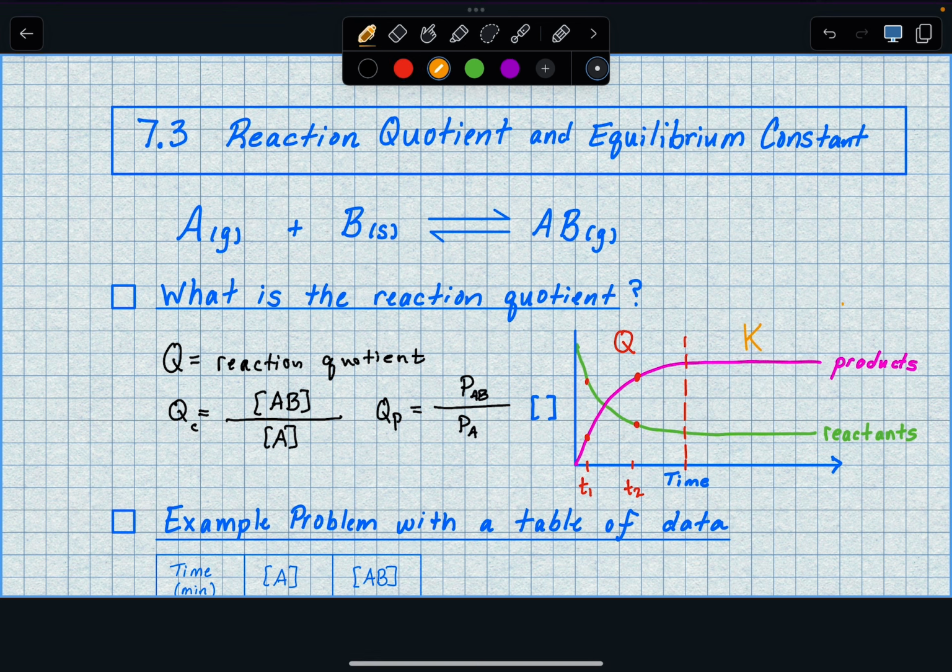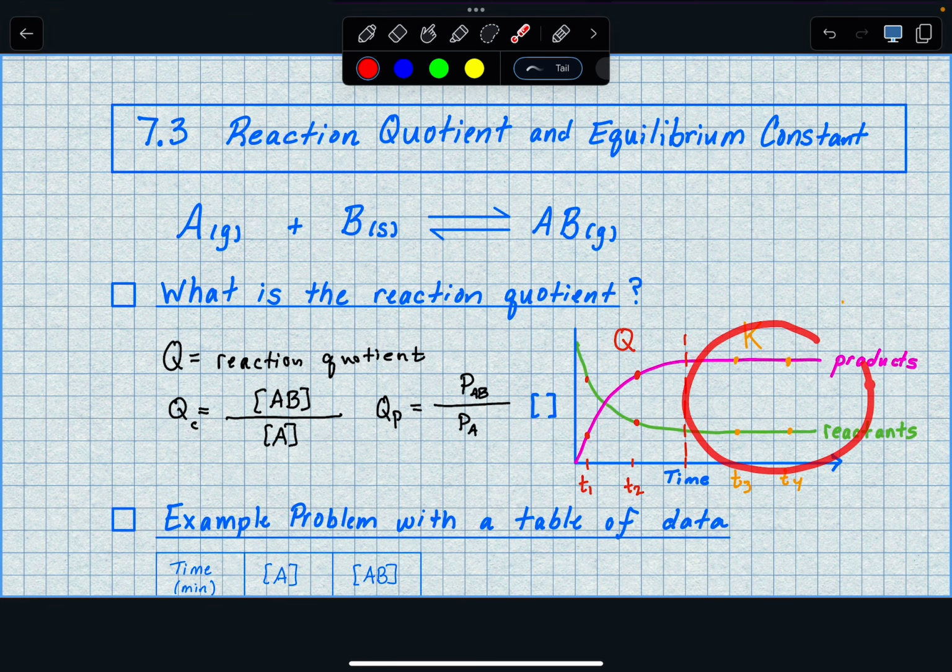And then anything over here would be a K value, because if I say this is time 3, and then I go to time 4, this isn't difficult. Look, it stayed the same, which is the definition of equilibrium, that the concentrations remain unchanged. Or one of the definitions.